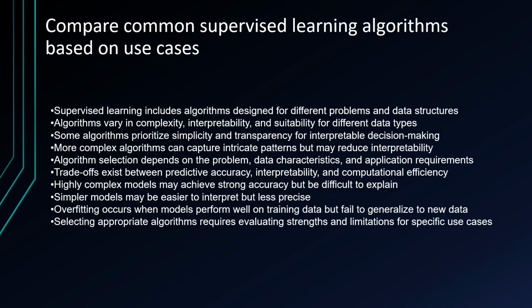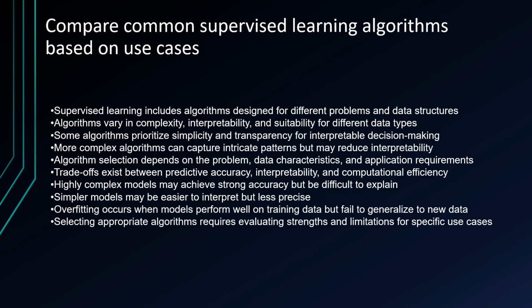Highly complex models may achieve impressive accuracy, but remain difficult to explain to decision makers or regulators. Simpler models may be easier to interpret and deploy, but may produce less precise predictions. Selecting an appropriate algorithm therefore requires balancing technical performance with organizational priorities, legal requirements, ethical considerations, and operational constraints.